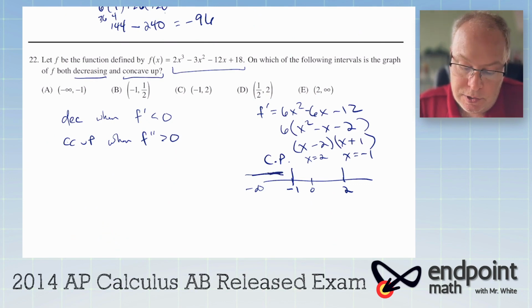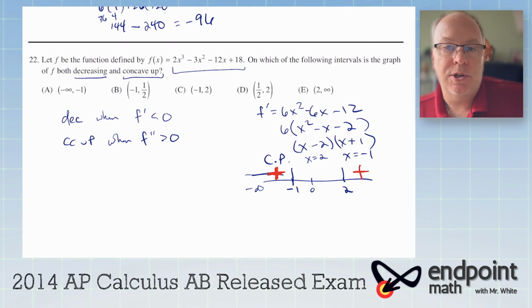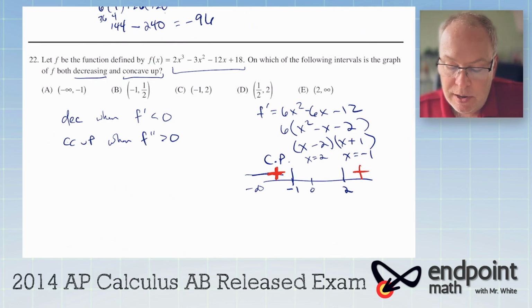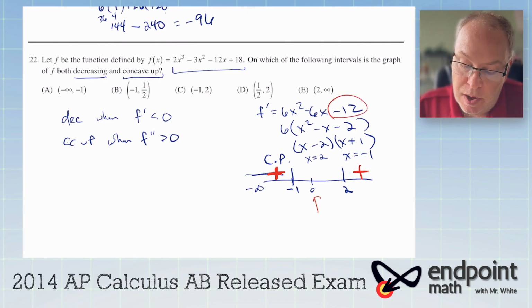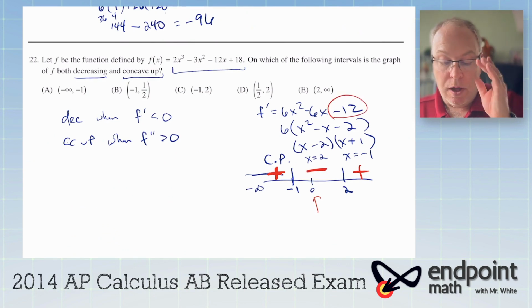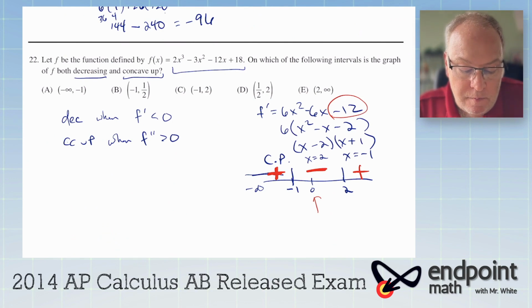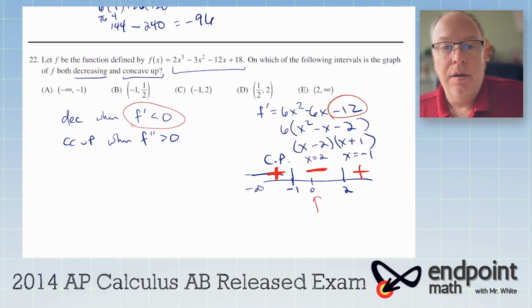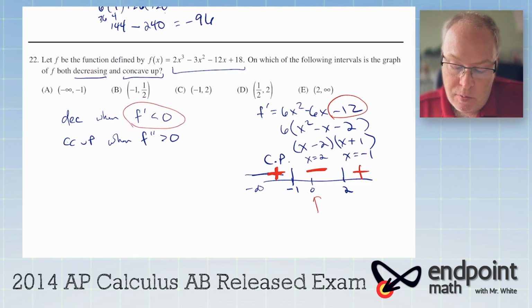Let me use a different color so it stands out. Positive over here, and positive up here, of course. When you plug in positive infinity, all we have to do is check in the middle. If you plug 0 in, you get negative 12. Aha, negative 12. So we're looking for when the first derivative is negative. So far we have negative 1 all the way up to 2.